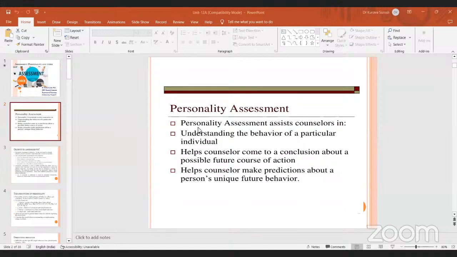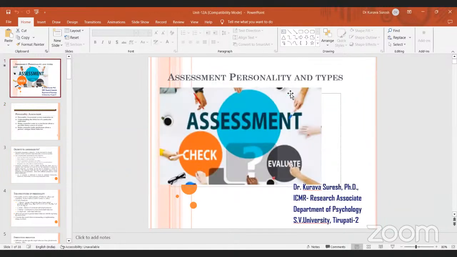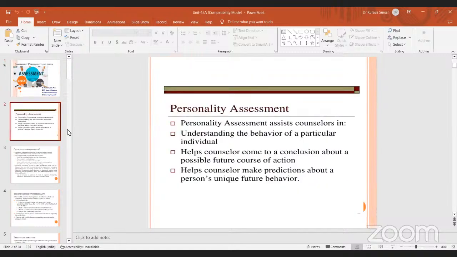Personality tests, personality assessment, and types of personality tests.